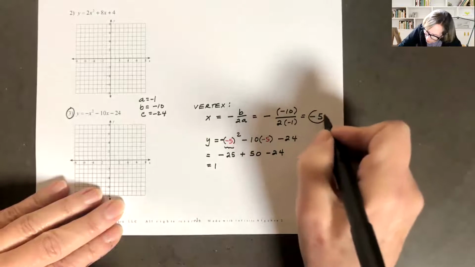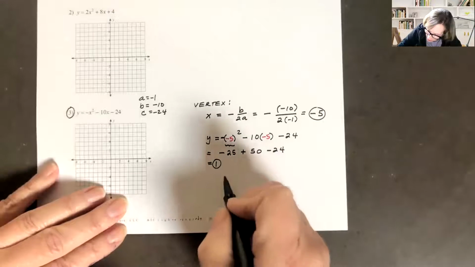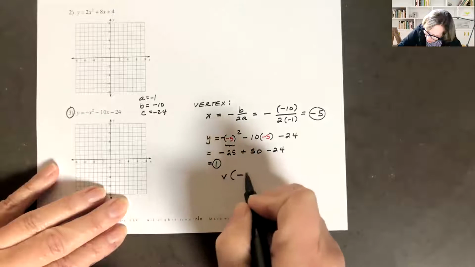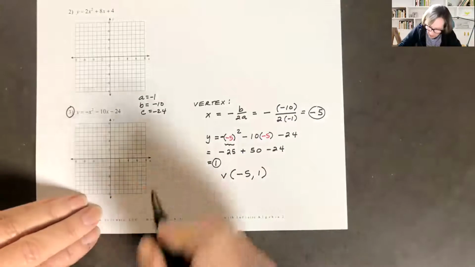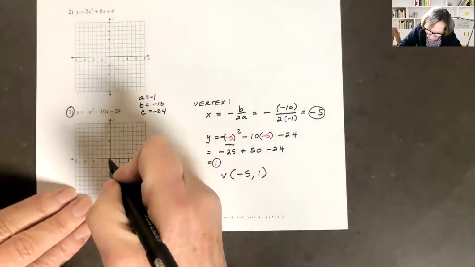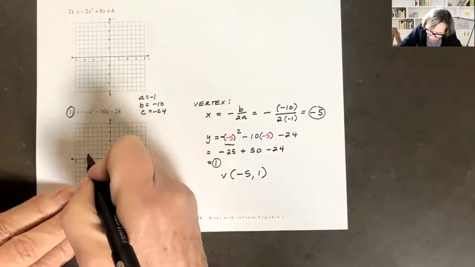So I have the x-coordinate and the y-coordinate of the vertex. So the vertex is at the ordered pair -5, positive 1. So I'm going to graph that. I go from the origin 5 to the left to -5, and then up 1.